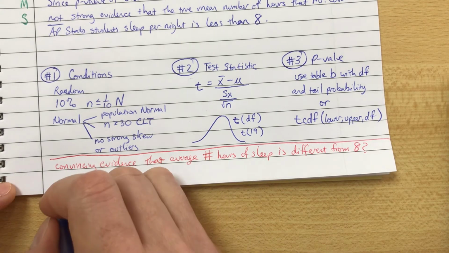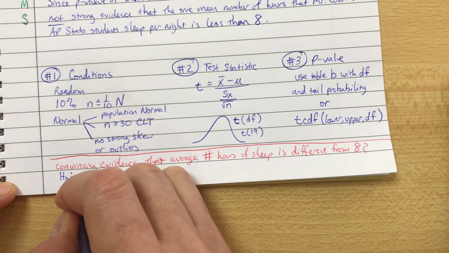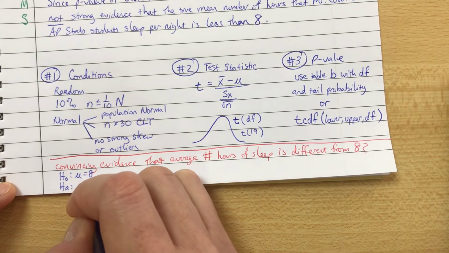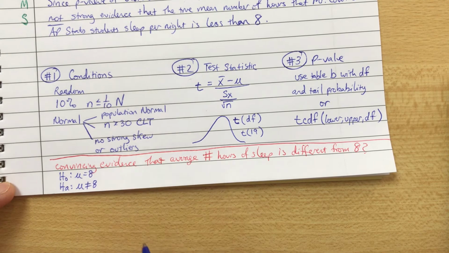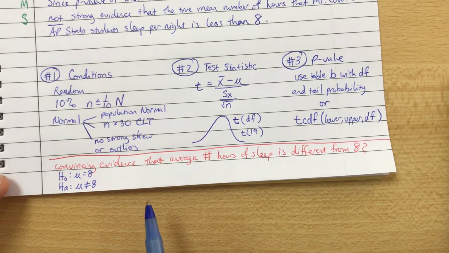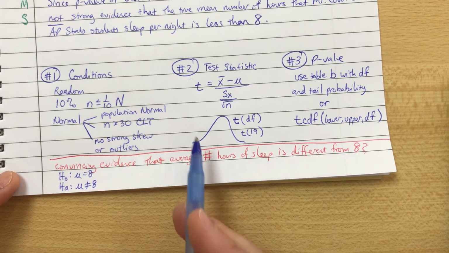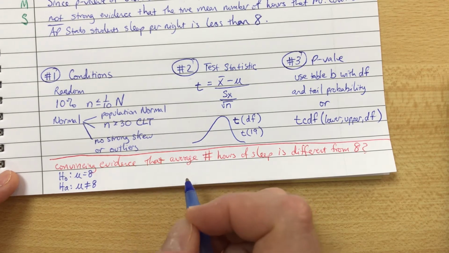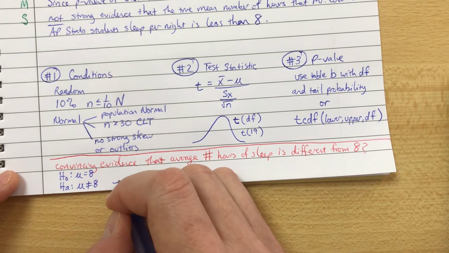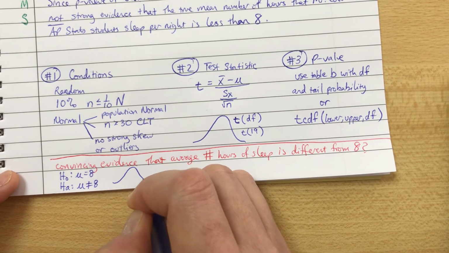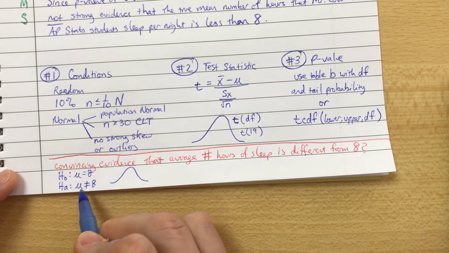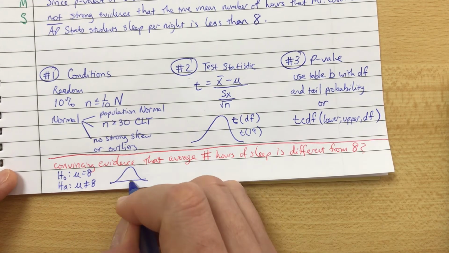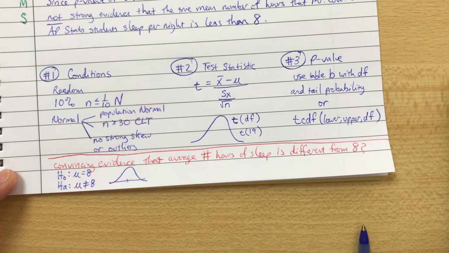Well, our H null would have been the same, that the true mean is 8. Our alternative hypothesis would be that the true mean is not 8, which means it could be greater than or it could be less than. So when we found our test statistic, and then we looked at a t distribution, if we are testing for if the mean is not equal to 8, we would actually have to look in 2 places for this.